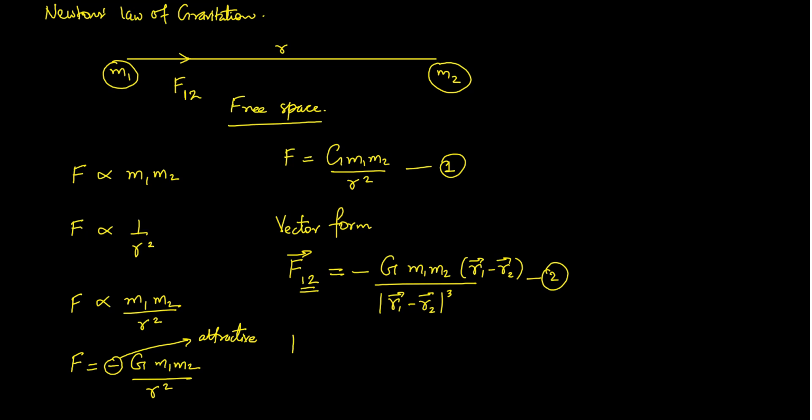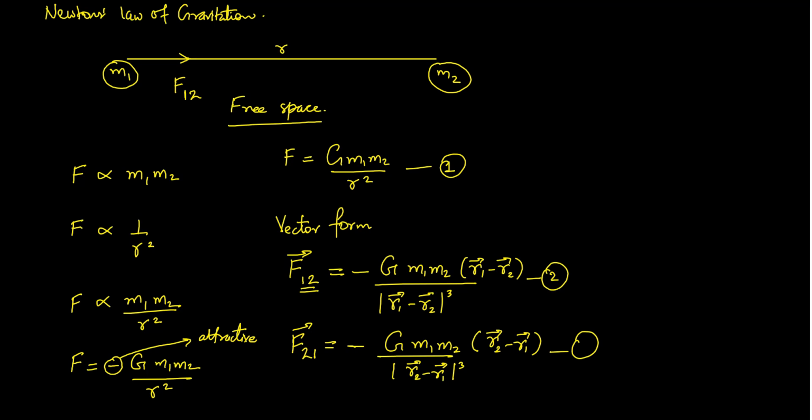Similarly, the force on 2 due to the first one will be minus G m1 m2 times (r2 vector minus r1 vector) divided by the modulus of (r2 minus r1) cube.